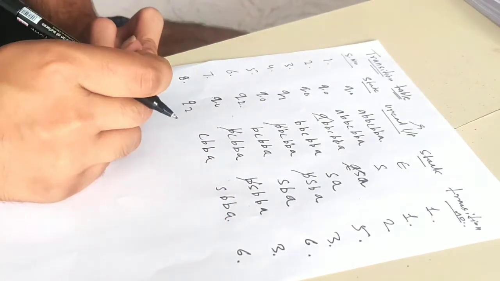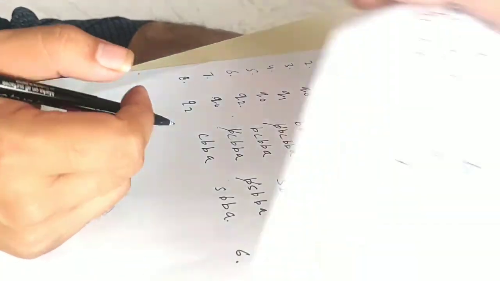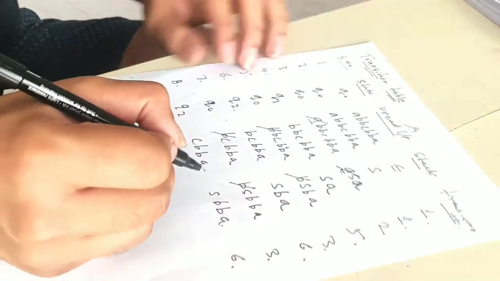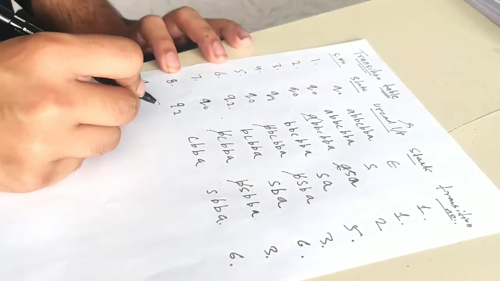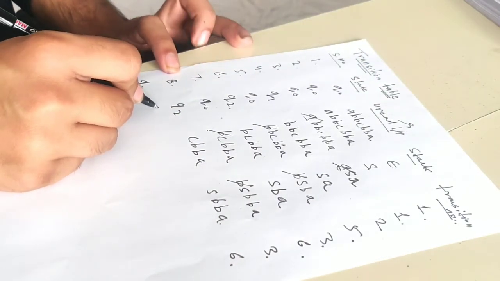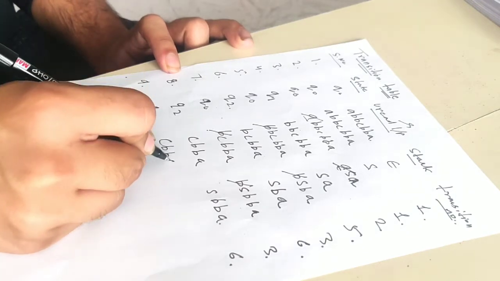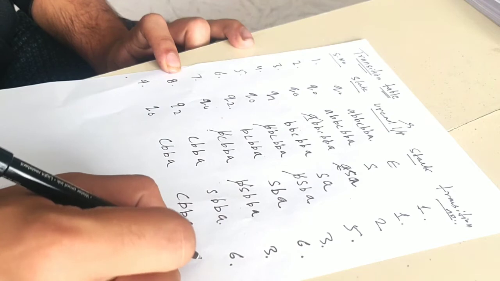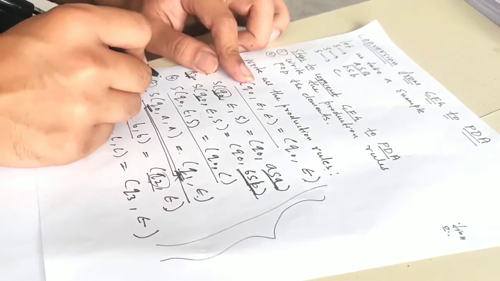Now S can be replaced with C, and for replacing with C we have the fourth production rule. So now we are replacing S with C, and the state goes from Q2 to Q0, and the transition number is from 6 to 4 because here it is the 4th production rule.